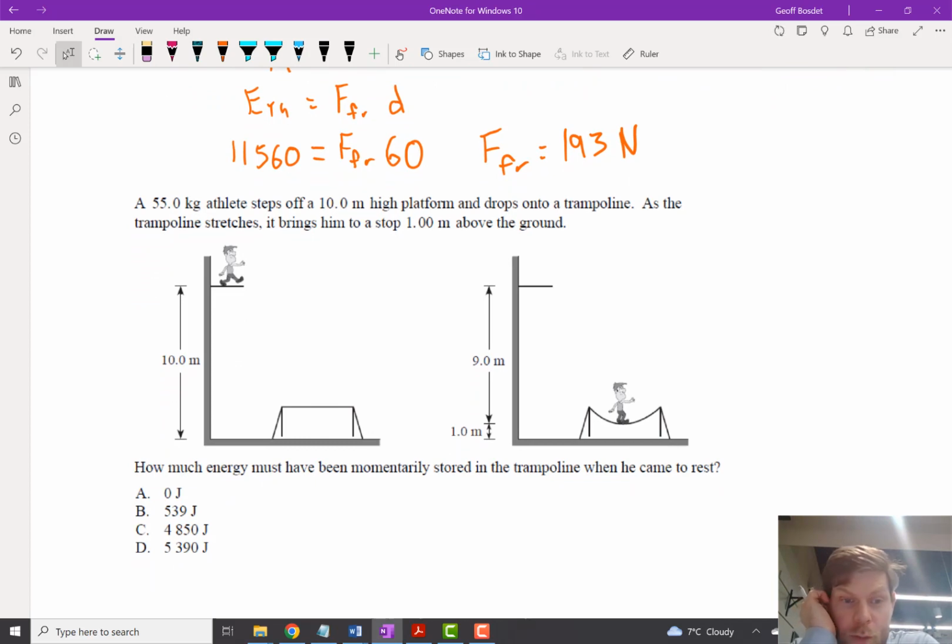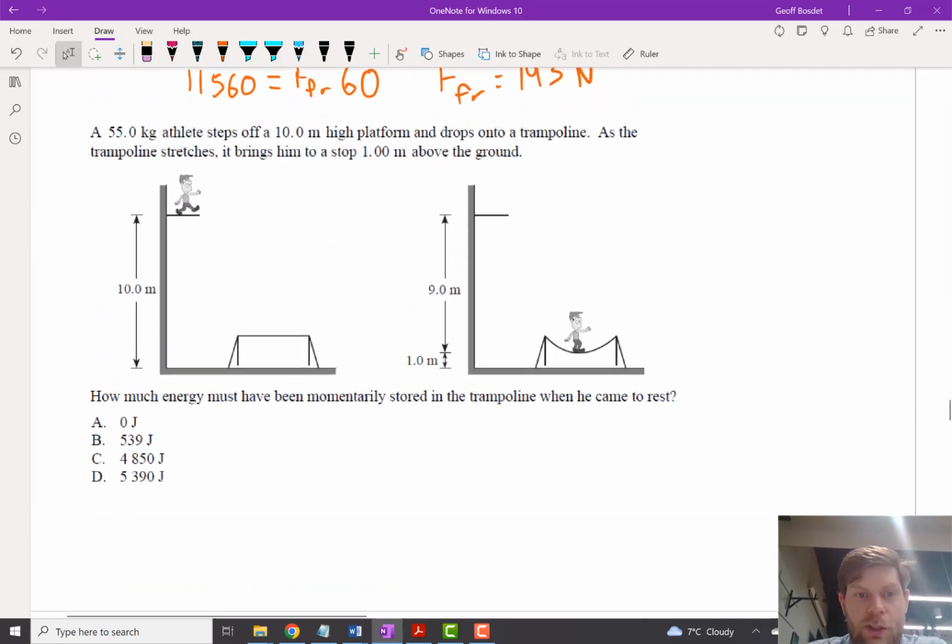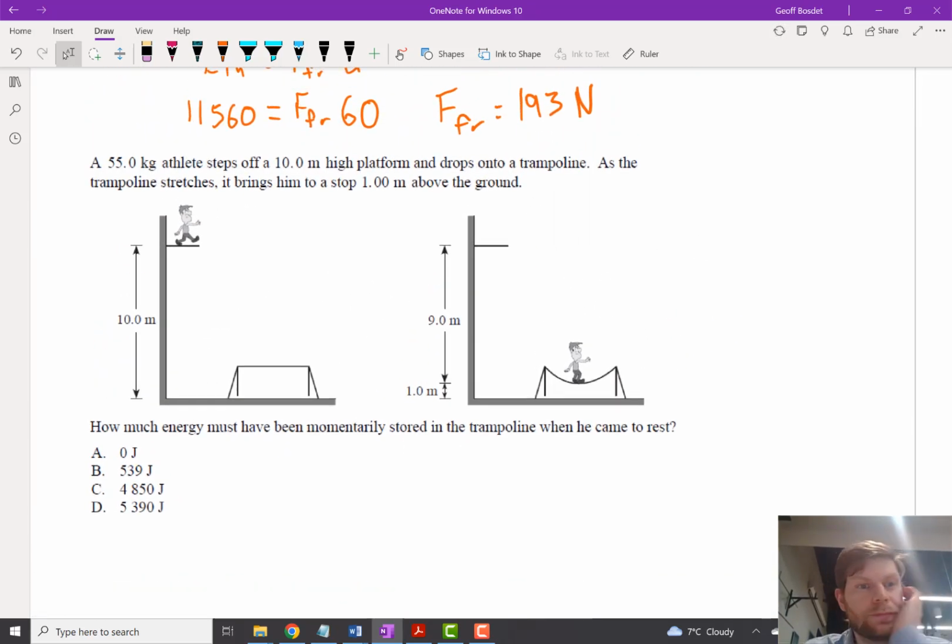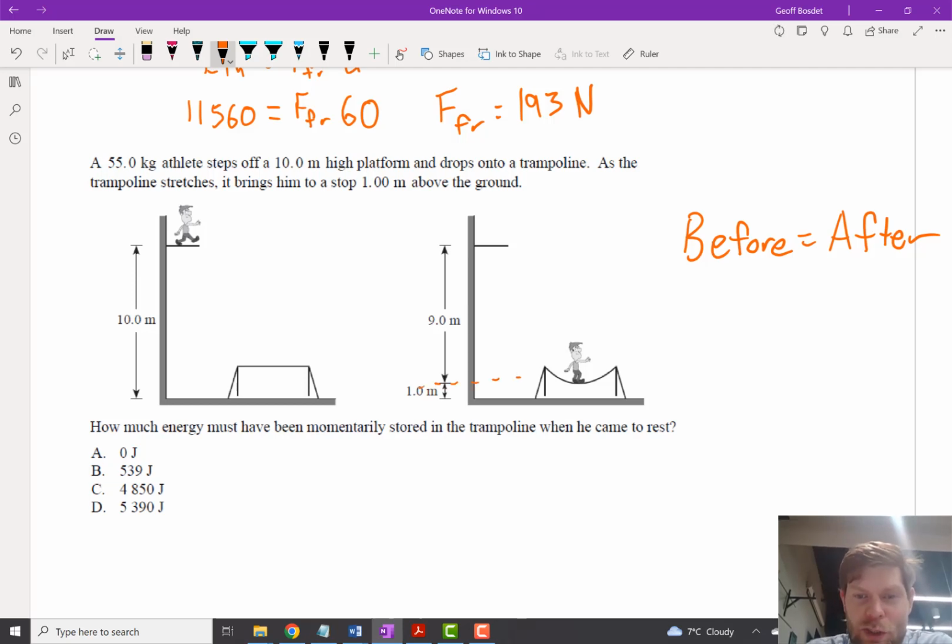So we're trying to figure out how much energy must have momentarily been stored in the trampoline when he came to rest. Again, it's before equals after. There's only so many tricks in this unit. Should be a good one, hopefully. So before, he's got potential energy. I'm going to make this my 0 level, because I like to make the 0 level the lowest of my starting situation or my ending situation. And that'll just work better. So before, I'm saying he's got EP.